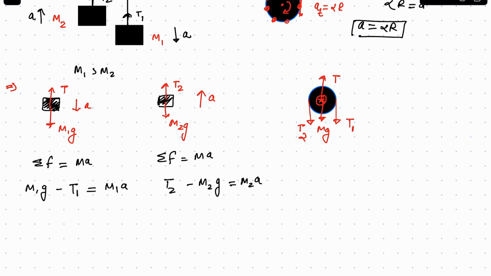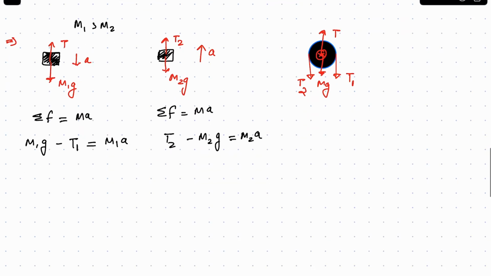Alright, so we have come to the point that the tension on both sides of this pulley will be different. That was not the case with Newton's laws of motion when we took an Atwood machine. In that case we took a massless pulley, so the tension on both sides was equal. Now, if you apply Newton's laws for rotational motion, tau net equals I alpha.